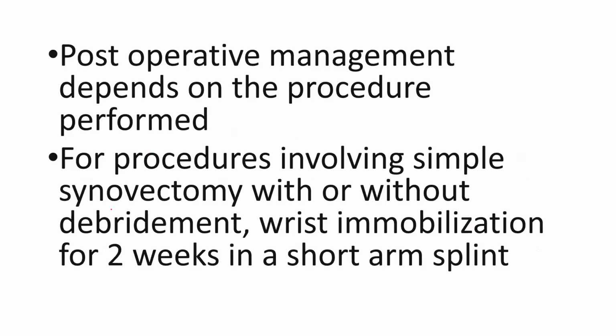Postoperative care of these patients depends on the procedure performed. For procedures involving simple synovectomy with or without debridement, wrist immobilization for 2 weeks in a short arm splint should be done.